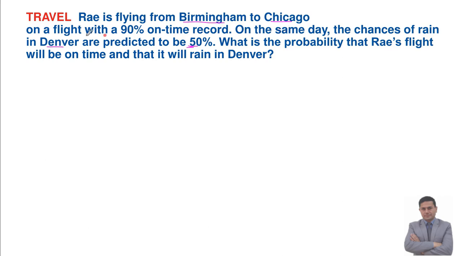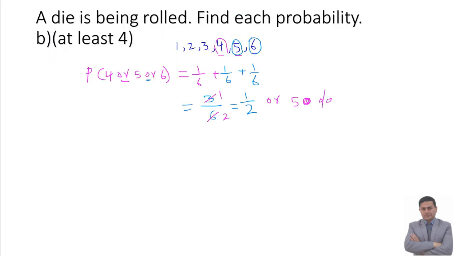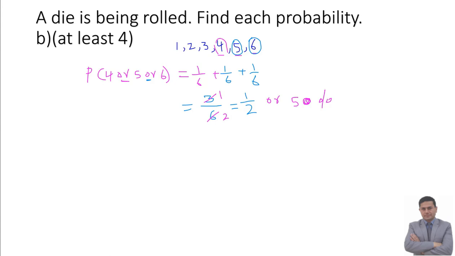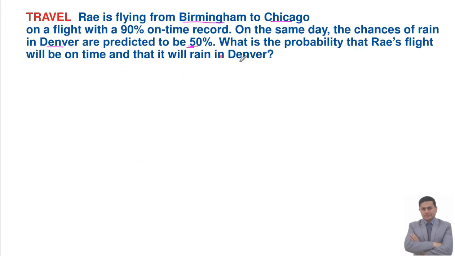So now I have to go towards the same rules. I discussed OR and AND. Here you can see clearly it says the flight will be on time and it will rain, so it is AND, and we will multiply.